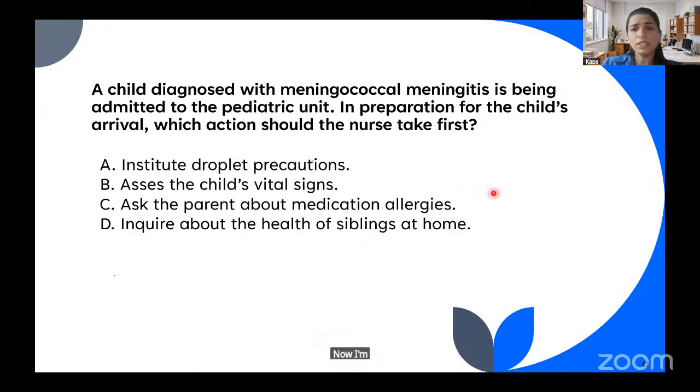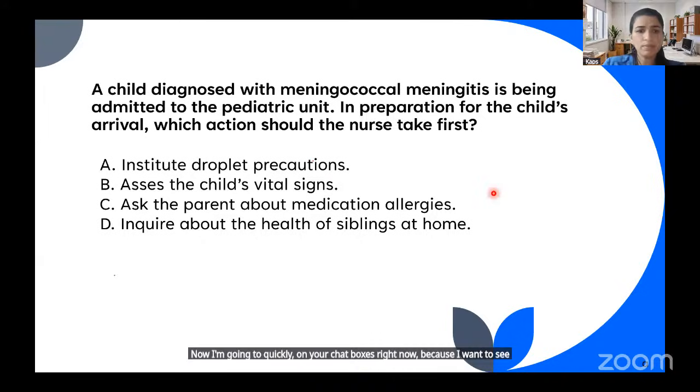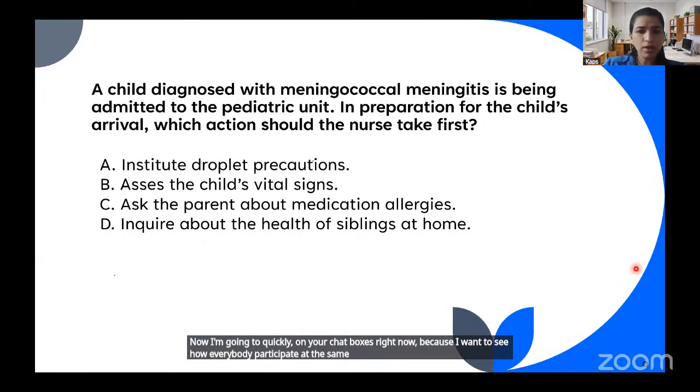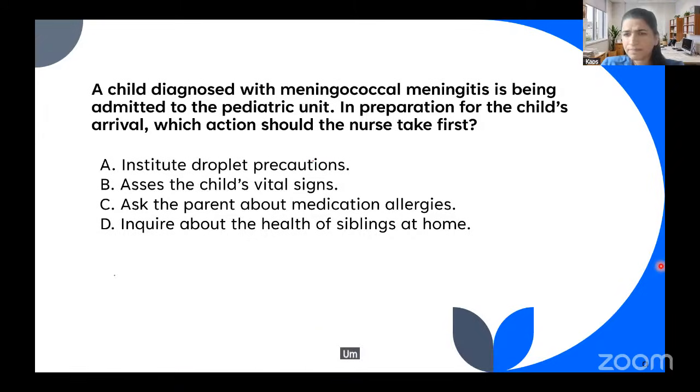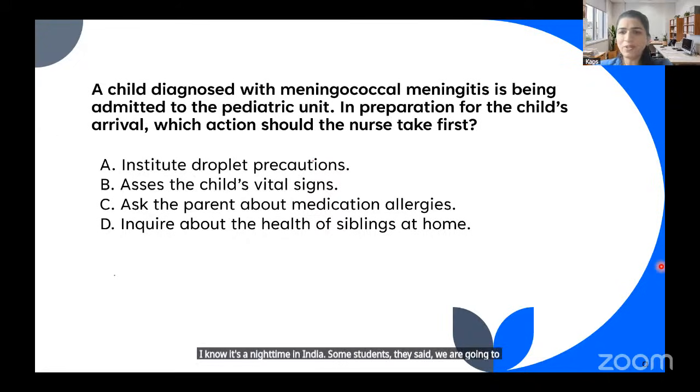Now I'm going to quickly check your chat boxes right now because I want to see how everybody participates at the same time and if you do have any questions so far for me or not. Okay. I know it's nighttime in India. Some students said we are going to sleep also. Okay. Yeah, you can watch it later on also.